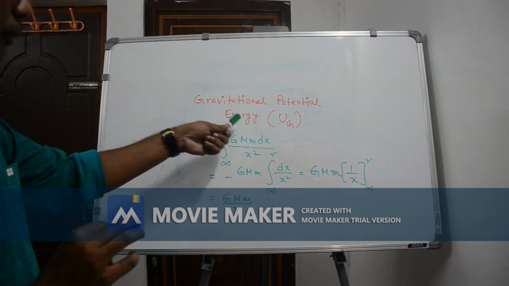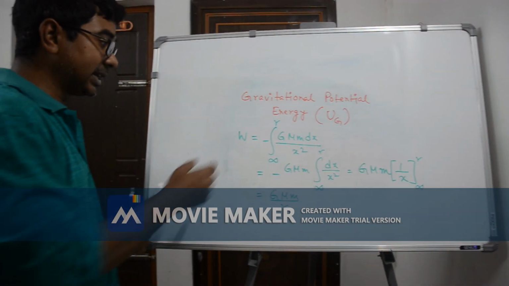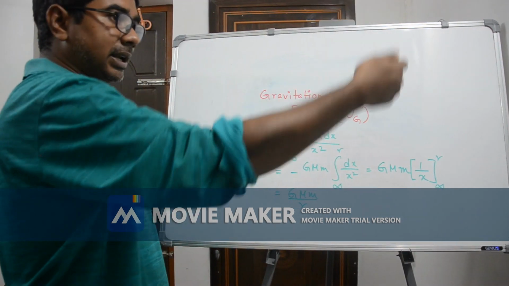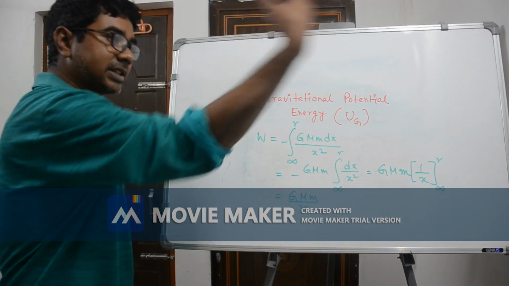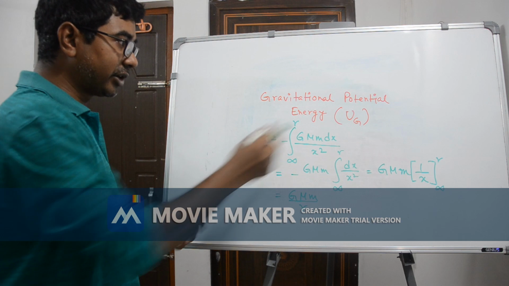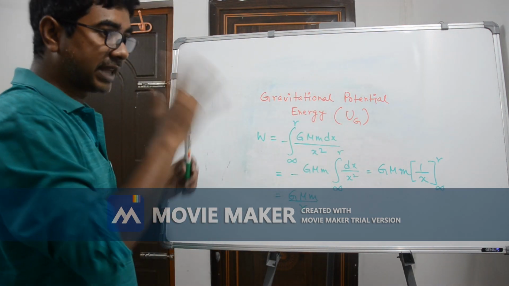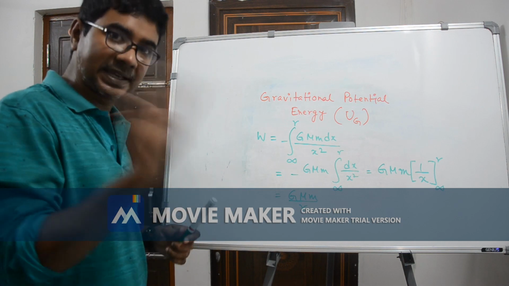Now the gravitational potential energy is defined as the negative of the work done in taking the particle from infinite distance to that point R. That's how the gravitational potential energy is defined.